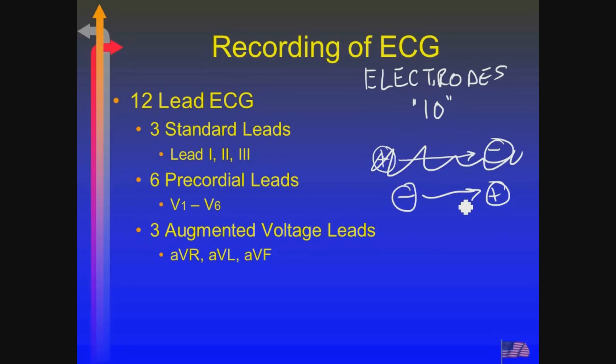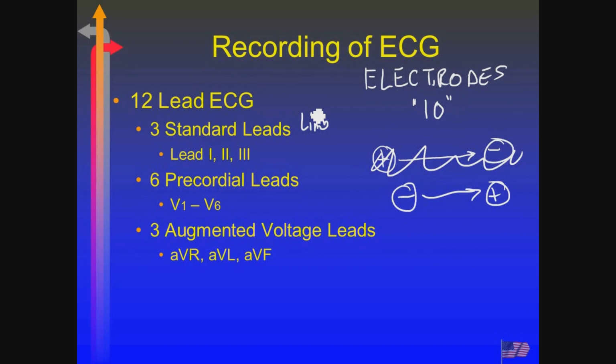3 leads are what we call the standard leads, or limb leads. They're uniquely named lead 1, lead 2, lead 3. That part's easy.